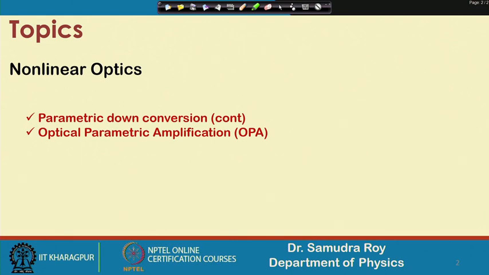But in optical parametric amplification in general, we study how the second order nonlinearity not only generates the frequency at 2 omega if I launch a frequency at omega, but can also generate two different frequencies, namely signal and idler, omega s and omega i, or omega p and omega i.